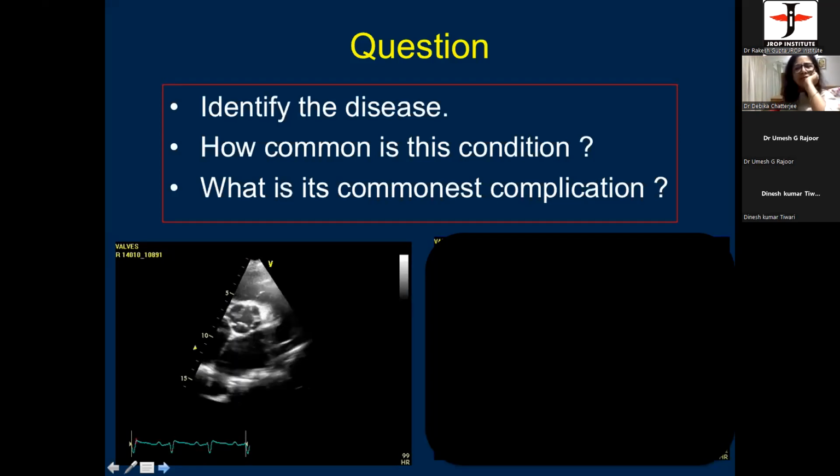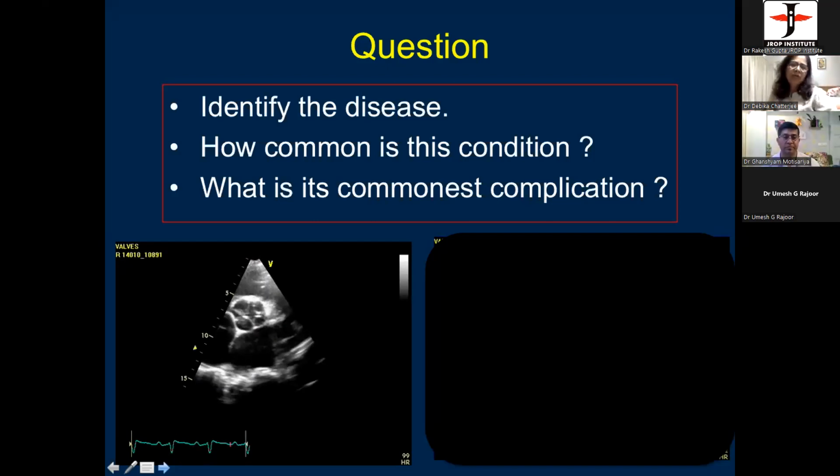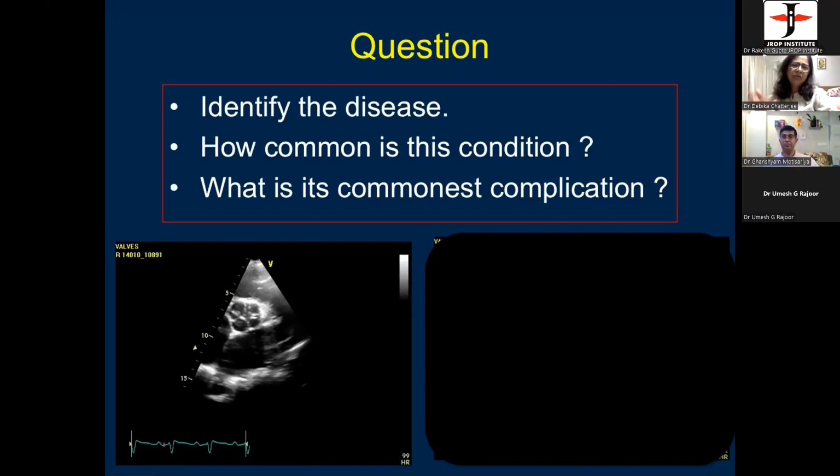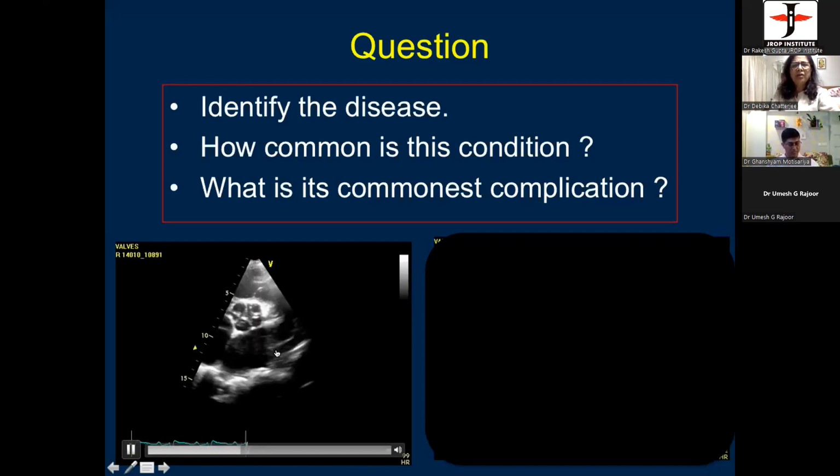Quadricuspid. Yes, sir. Good pickup. It's a quadricuspid aortic valve. Is it very common? No, very rare. It's 0.04% of the cases. It's very uncommon. Now, what is the commonest complication of this quadricuspid aortic valve?